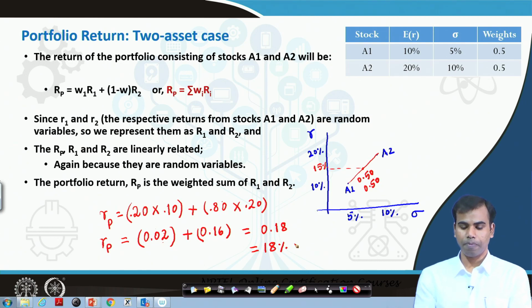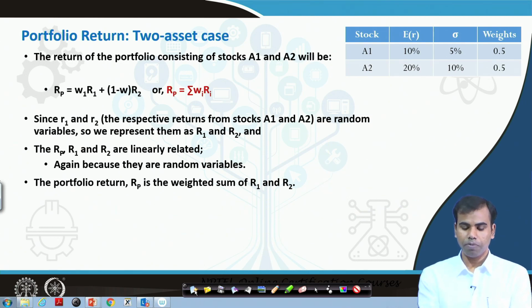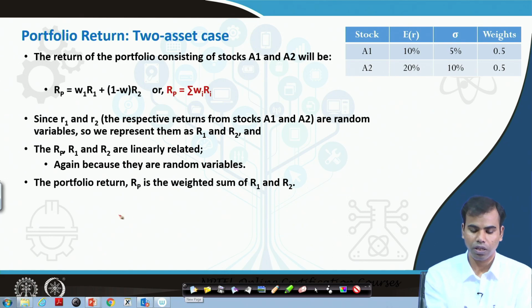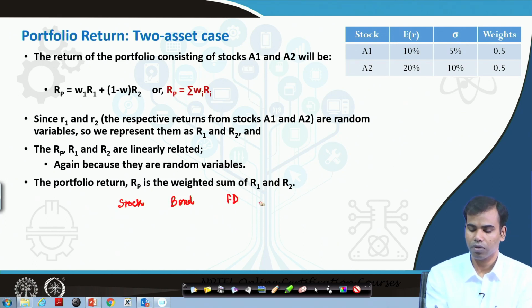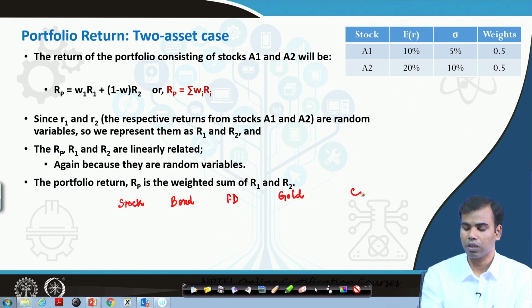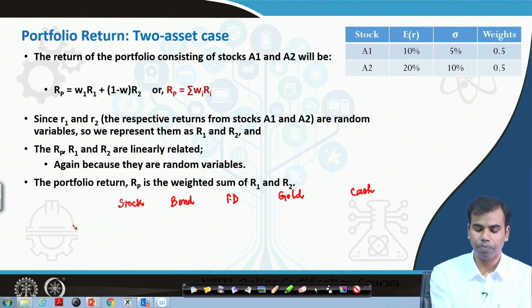The example that I am trying to show here is, if you have 5 different assets, let us say stock, that is share of a company, bond, and then fixed deposit, then you want to have some money in terms of gold and then cash. So, these are 5 assets in your portfolio.